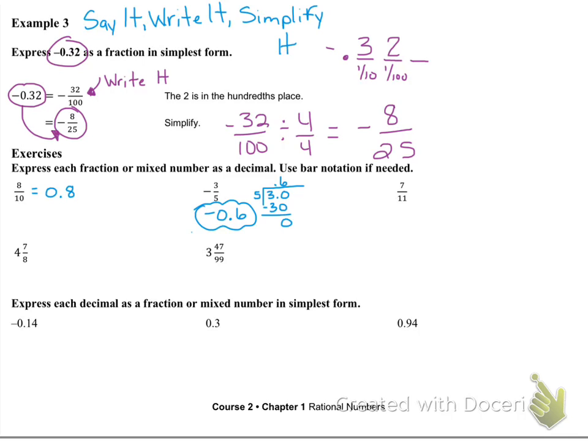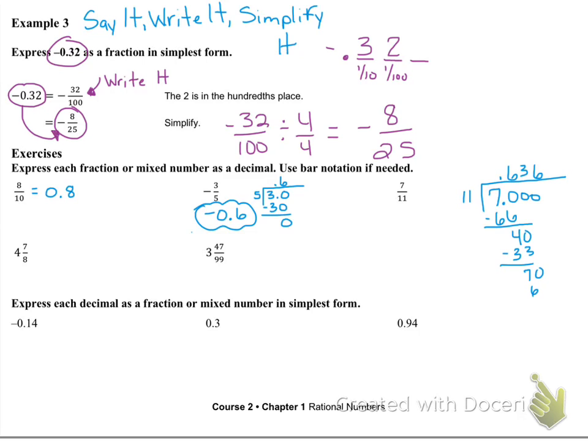Okay, next one, 7 elevenths. 7 divided by 11. Okay, 11 goes into 70 6 times. Subtract, drop a 0. 11 goes into 40 3 times. Subtract, drop a 0. 11 goes into 70 6 times.